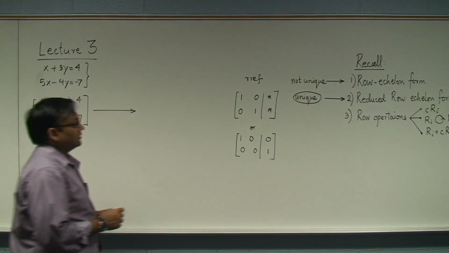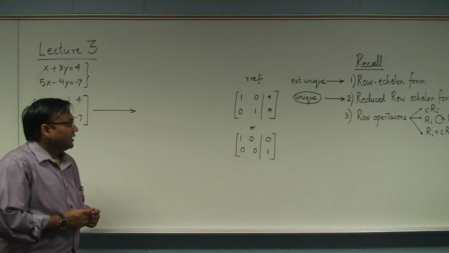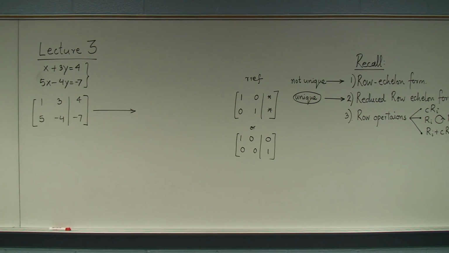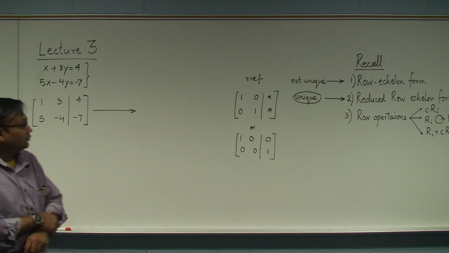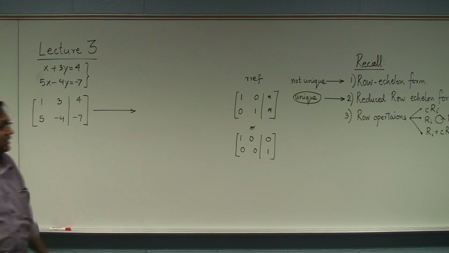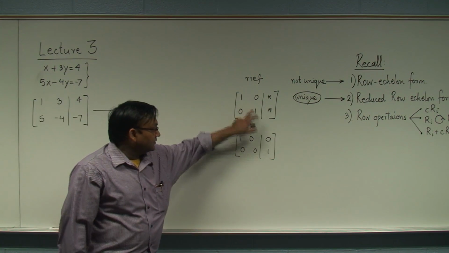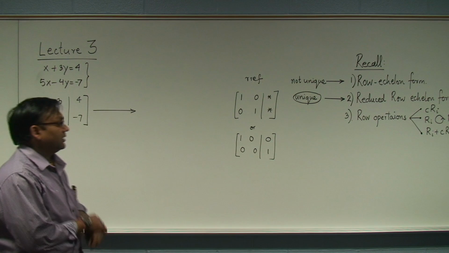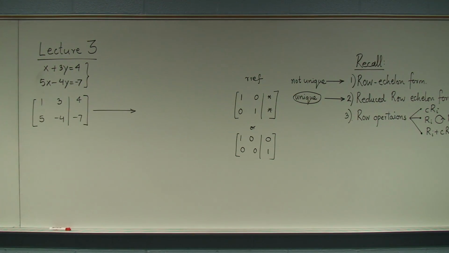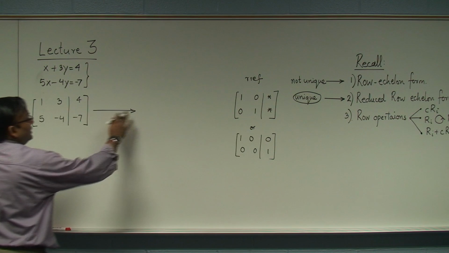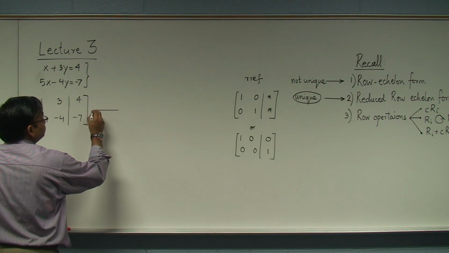So one of these is what we are aiming for. And as you can see, both of them are possible reduced row echelon forms of this matrix. It may happen that we end up with this, it may happen that we end up with this, and based on what we end up with, we can tell you something about the solution for this system of equations. Okay, so let's try and see how things go.